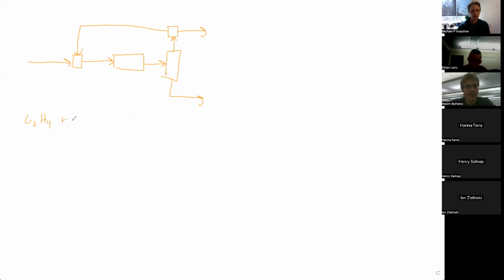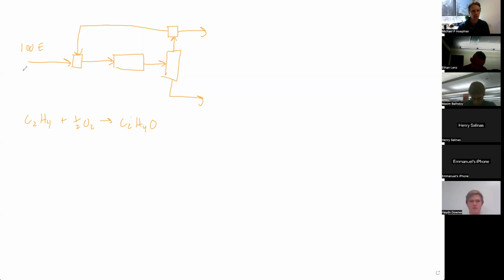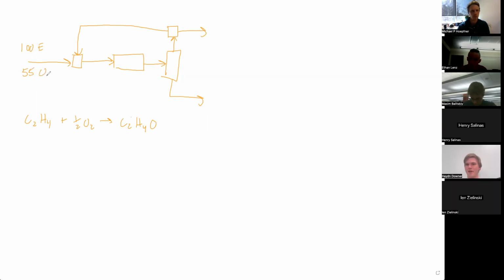So C2H4 plus 1/2 O2 gives C2H4O. I believe that's correct. So if I feed 100 ethylene to the system, I'm feeding in 10% excess oxygen, so that would be 55 O2. Single pass is 15% conversion.